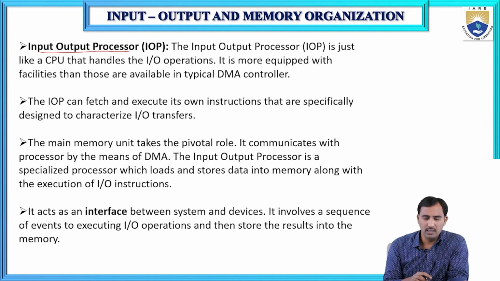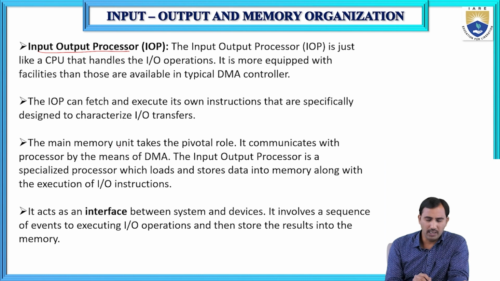That means they are specially designed for those operations, whereas the general purpose processor can be used to perform various operations that include arithmetic operations, logic operations, and shift operations.